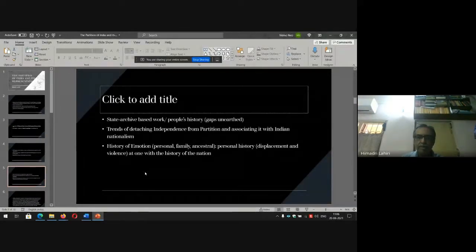The book is called Remnants of a Partition. Remnants of a Separation. Its subtitle is A History of the Partition through Material Memory.